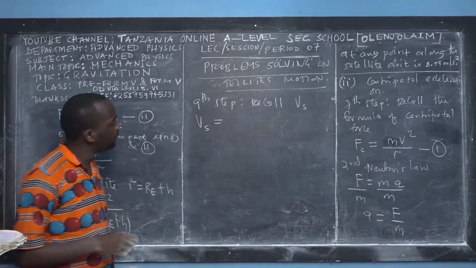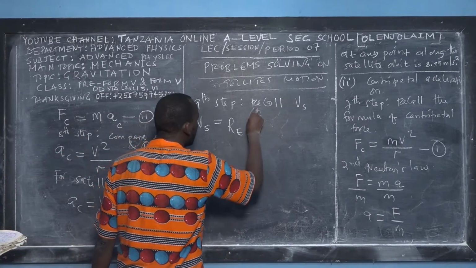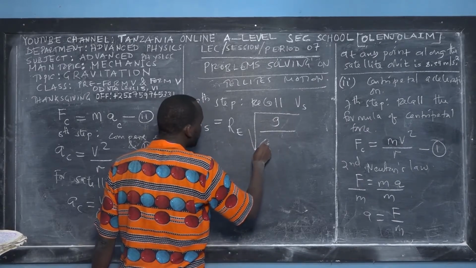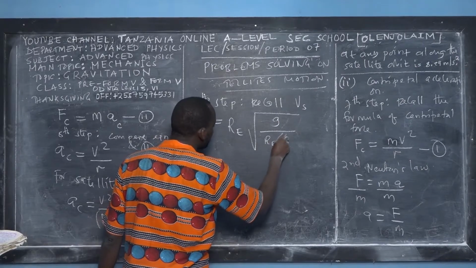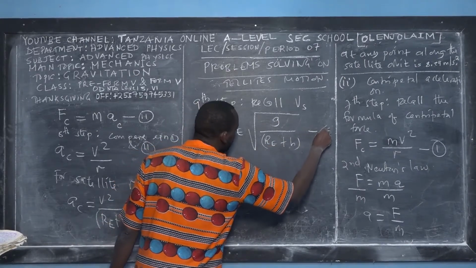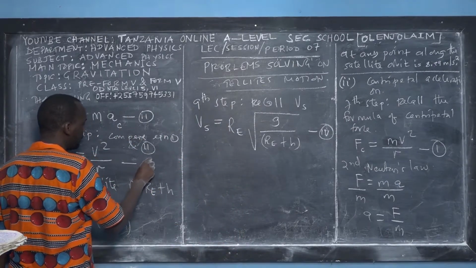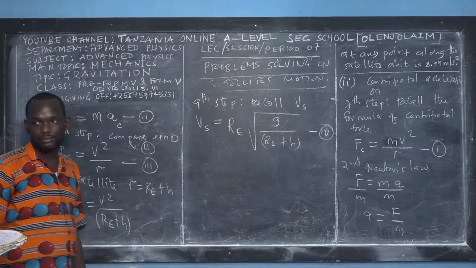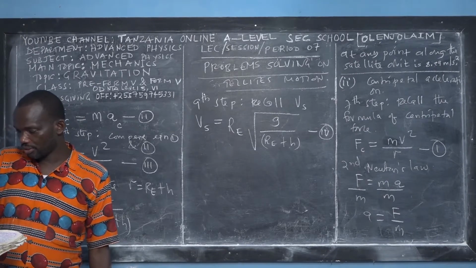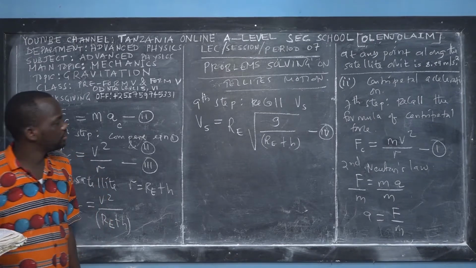So one of the formulas we say is radius of the Earth times square root of acceleration due to gravity, then times radius of the Earth plus the height h. So this is equation 4. Why? Because this is equation 3. Okay? So that's the formula for the velocity of the satellite. Good.